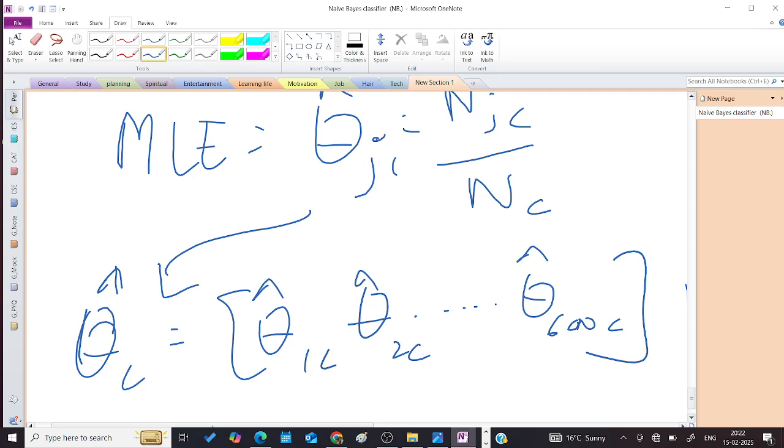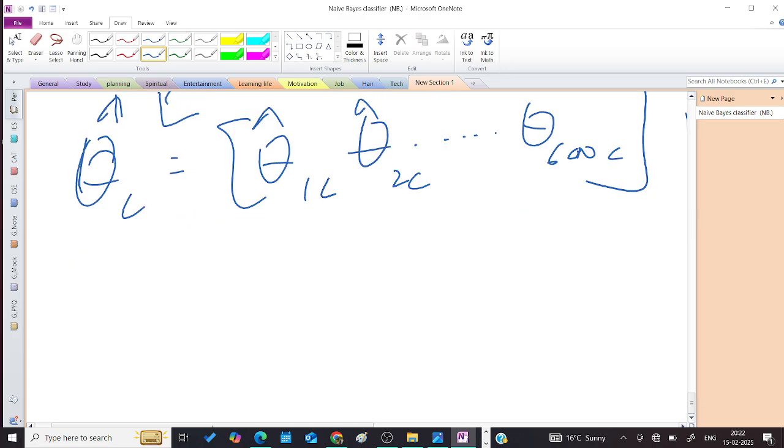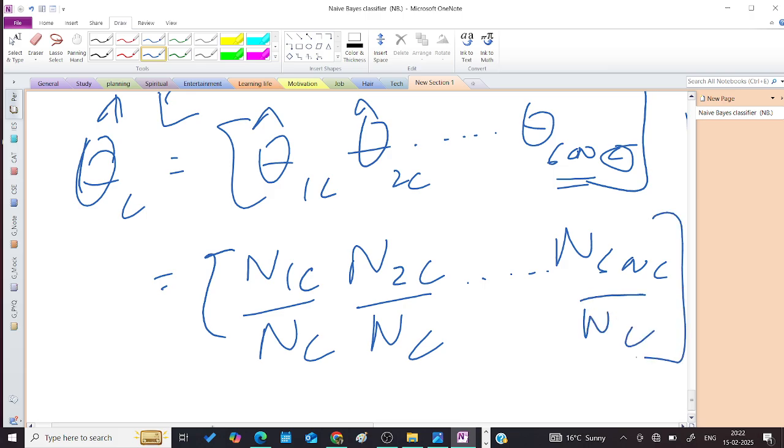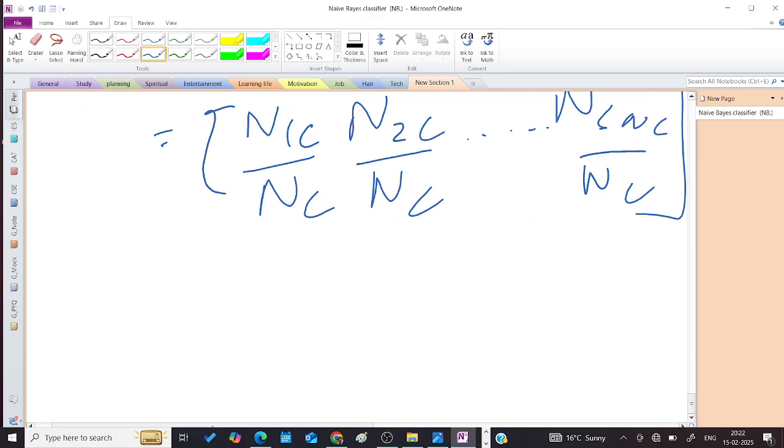Suppose there are 600 features, then there will be 600 for each of the c classes. This is nothing but n1c by nc, n2c by nc, all up to n600c by nc, right? I hope you have got this idea.